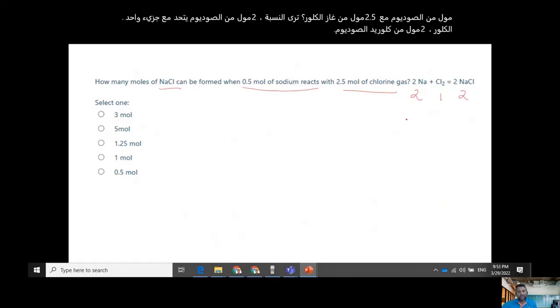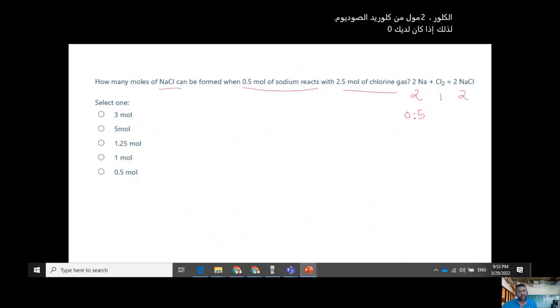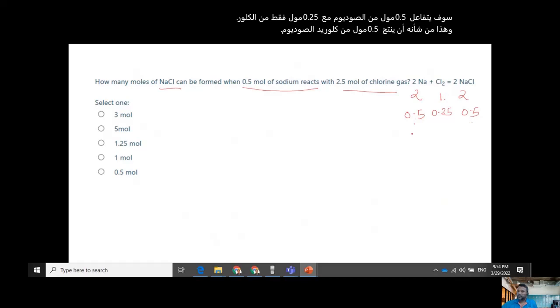So if you have 0.5 moles of sodium, half of that, 0.25 moles of chlorine, is needed. So 0.5 moles of sodium will react with only 0.25 moles of chlorine. That would produce 0.5 moles of sodium chloride.